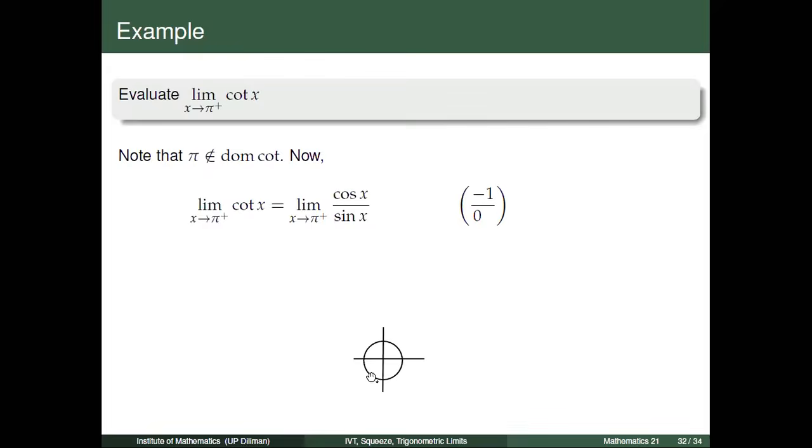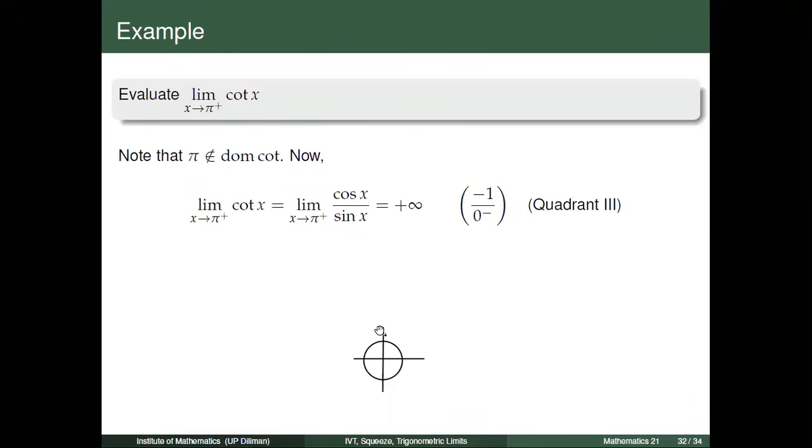So the angle approaches pi from the third quadrant. And in the third quadrant, the value of the sine function is negative. So sine x approaches 0 through negative values. We have negative 1 over 0 through negative values. So this limit is positive infinity.